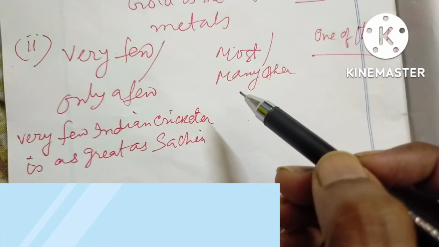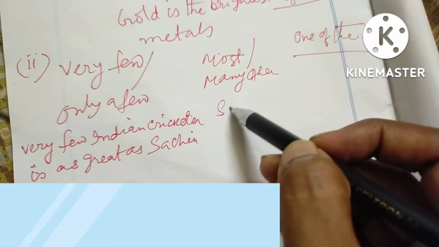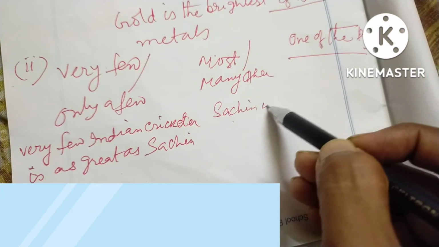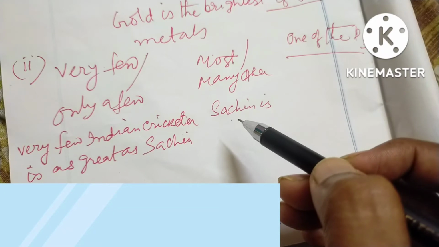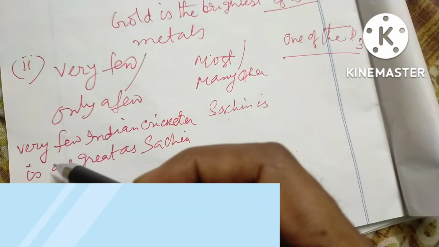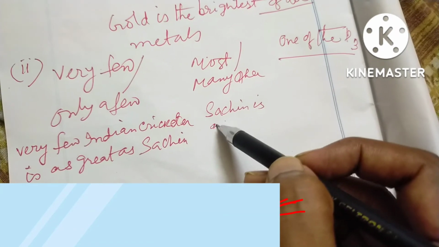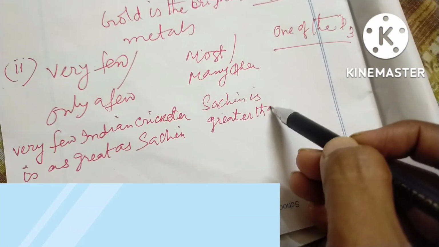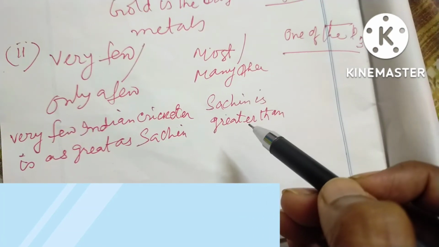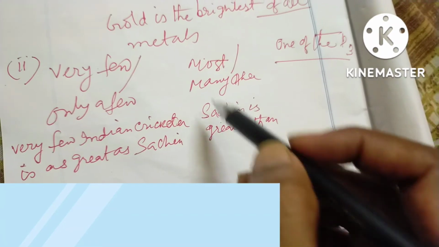Then in the case of the comparative, Sachin is greater than most other cricketers of India.